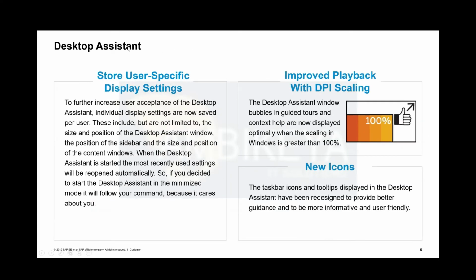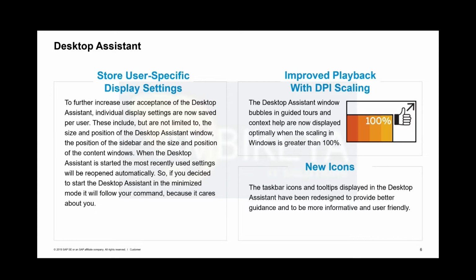Next one. Desktop Assistant, store user-specific display settings. A good one on the one hand, probably challenging on the other. Since the Desktop Assistant was heavily redesigned last release in 1905 from an infrastructure perspective, recognition speed was increased dramatically. You know, the resolving of a context is now real time in most cases, or in nearly all cases.